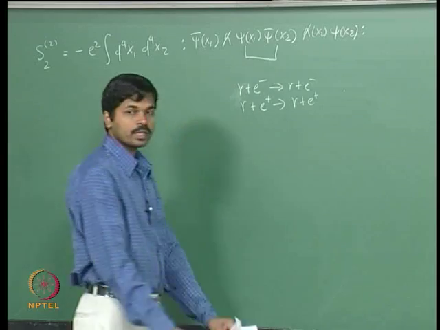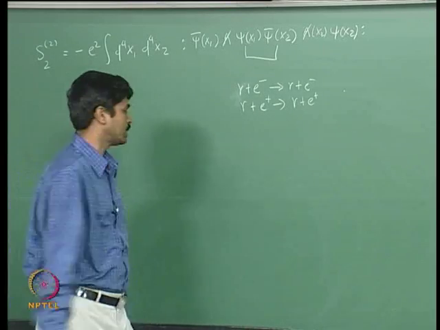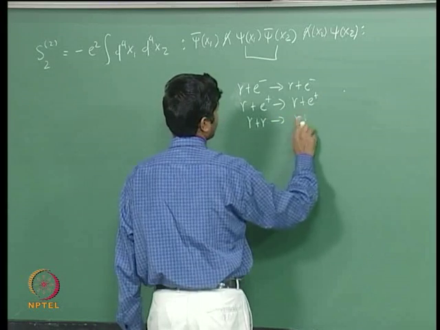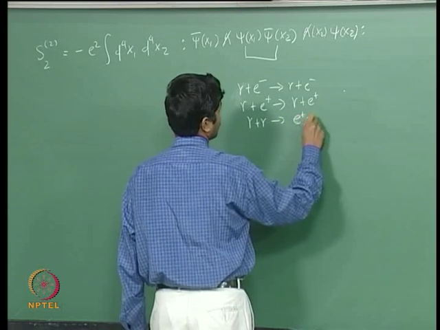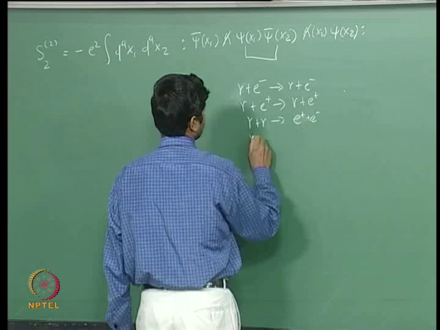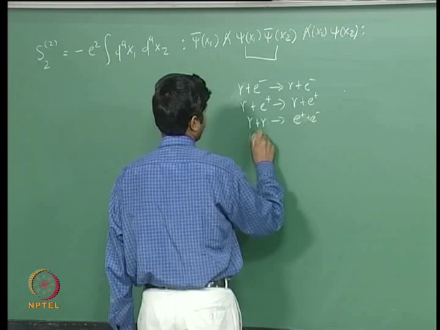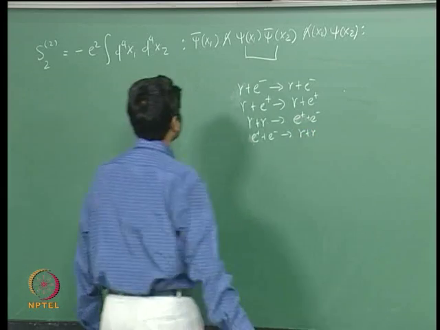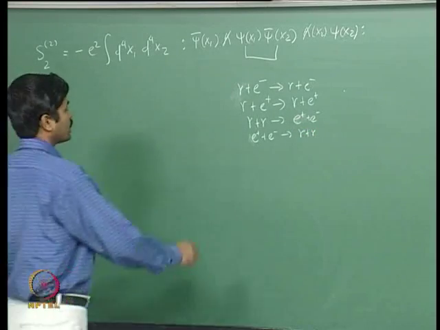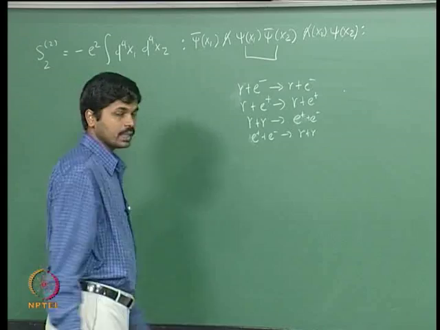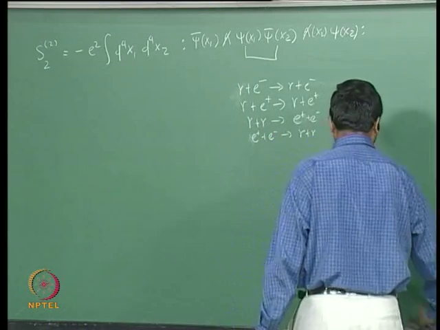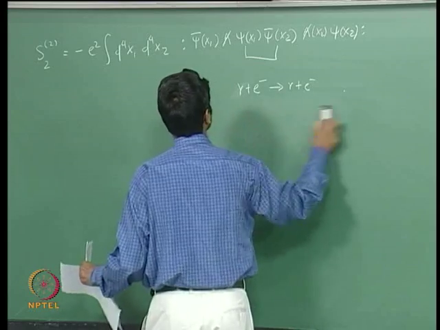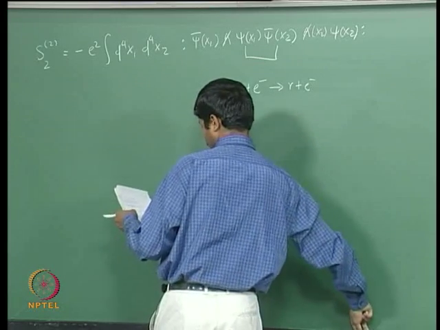You can have pair creation or pair annihilation: gamma plus gamma going to gamma e plus plus e minus, and e plus plus e minus going to gamma plus gamma. So, let us try to understand the Compton scattering and what term in the S matrix gives a non-zero contribution to it.